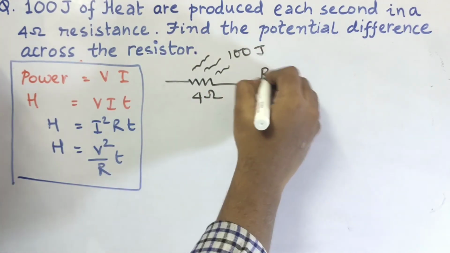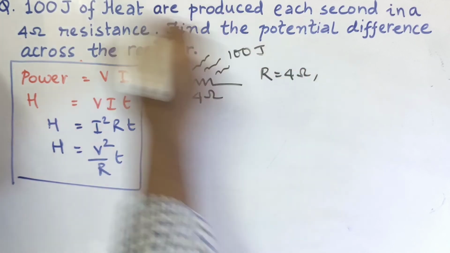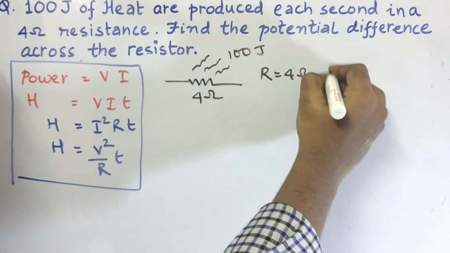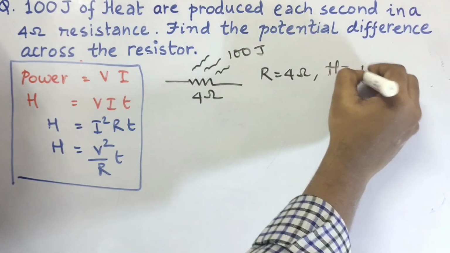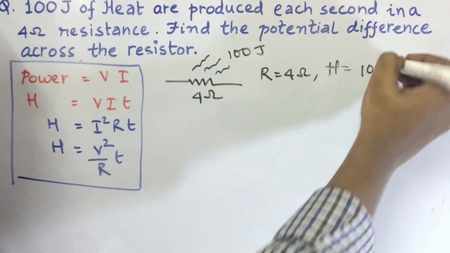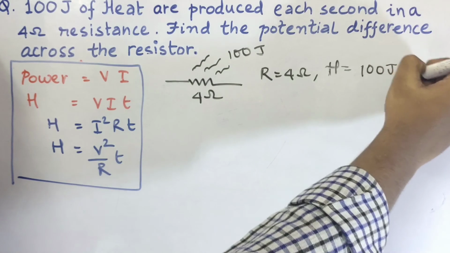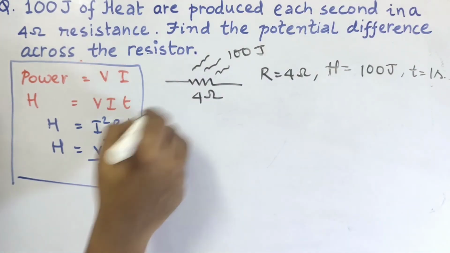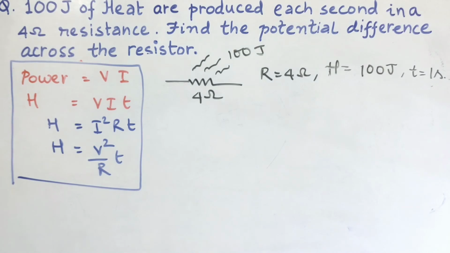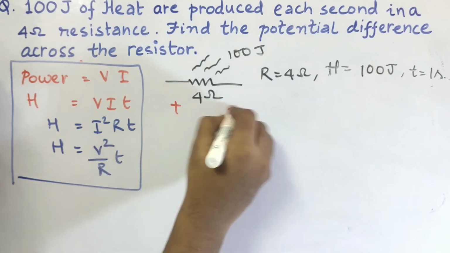So resistance we are given is 4 ohm. Energy, heat dissipated is equal to 100 joules. Next, time we are given is 1 second. So we need to find the potential difference across this conductor or resistor.